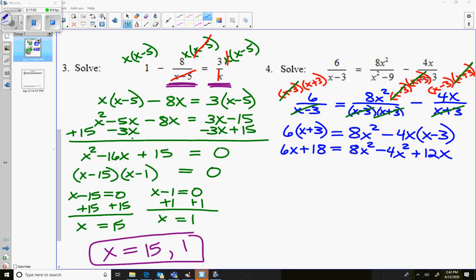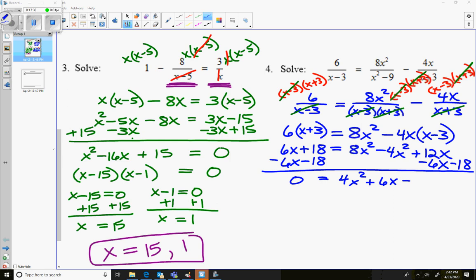So, since my x squares are on the right side this time, I would move everything to the right. So minus the 6x, minus an 18. So I'm left with 0 equals 4x squared. 12x minus 6x leaves me with just a positive 6x and a minus 18.